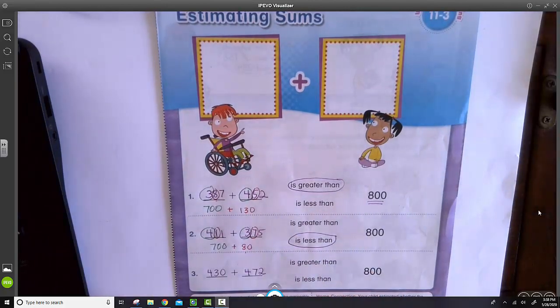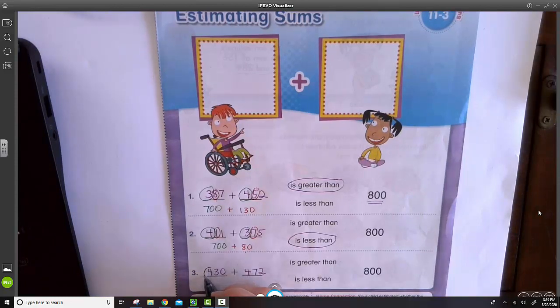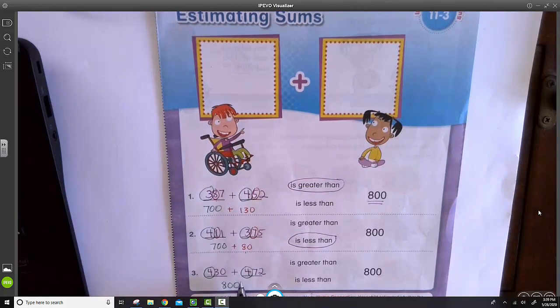For our final example, and probably you'll just laugh at me and say, Ms. Bree, why didn't we do this first? Let's look at our hundreds column. We have 400 and 400, which would be 800. And we don't even really need to go any farther because we see right away that we will have a number that exceeds 800.